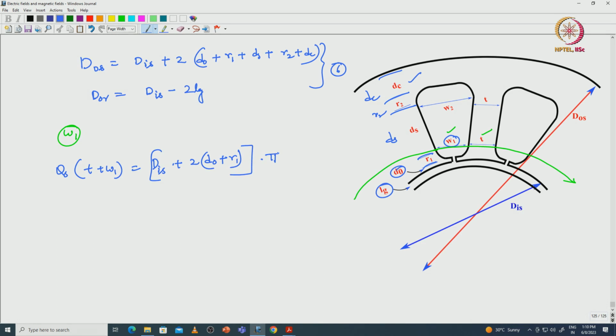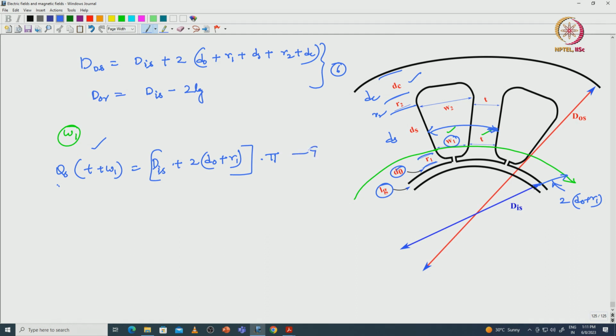Here Qs is the number of slots, and T plus W1 is nothing but this width. So like this, how many widths are there? Qs. So Qs into T plus W1 is nothing but the actual perimeter. We know dis plus 2 d naught plus r1, up to this point that is dis, the remaining one is nothing but 2 into d naught plus r1, add that into pi, which is the circumference.